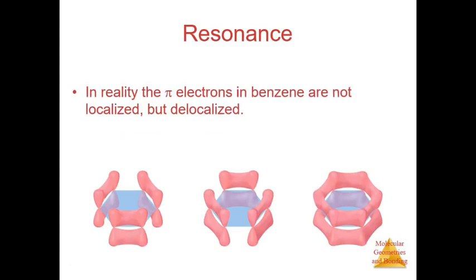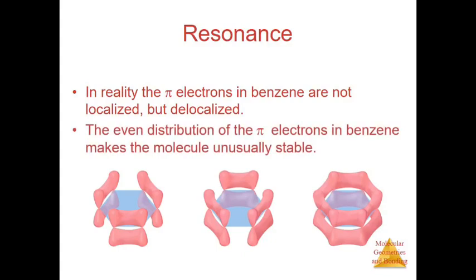And it says, in reality, the pi electrons in benzene are not localized, but they are delocalized. And the distribution of your pi electrons makes the molecule unusually stable. So benzene is a stable molecule. And again, that double bond can translate or move around between each of those sites.